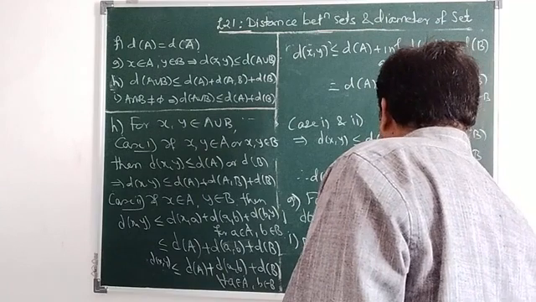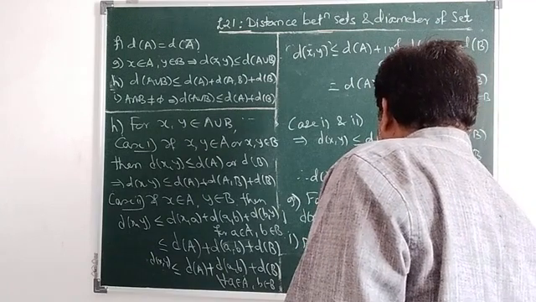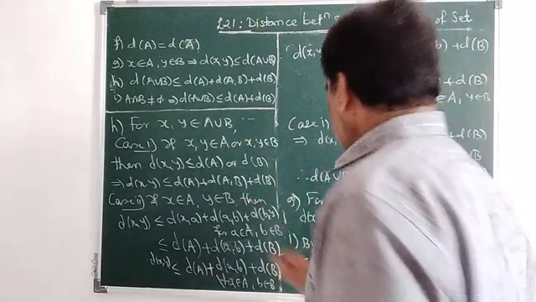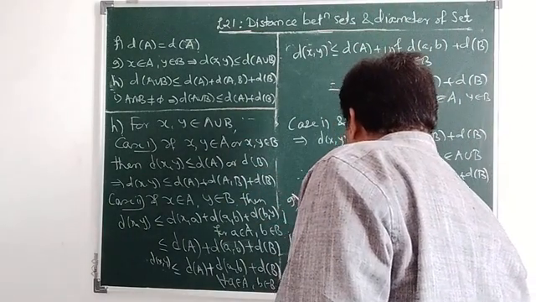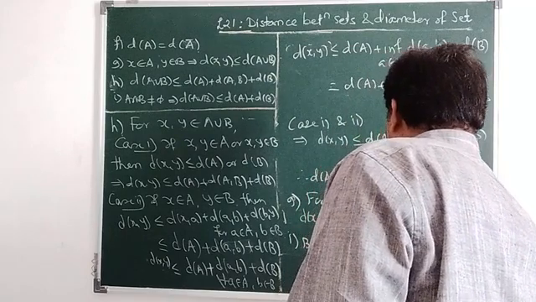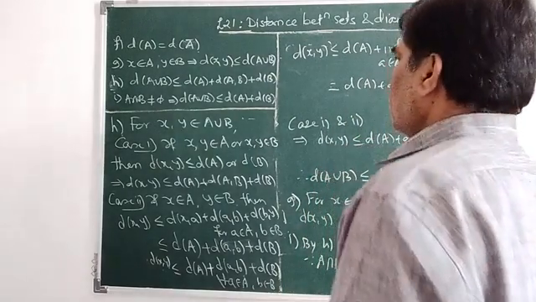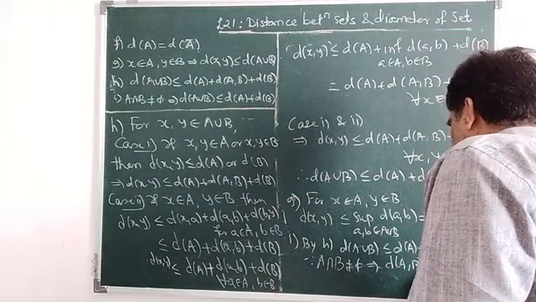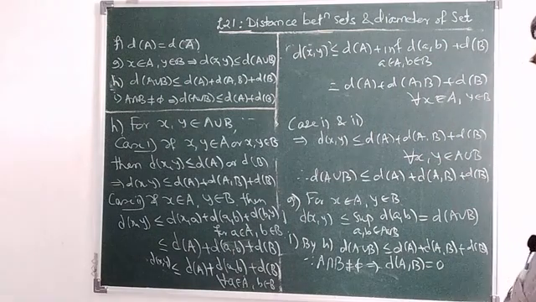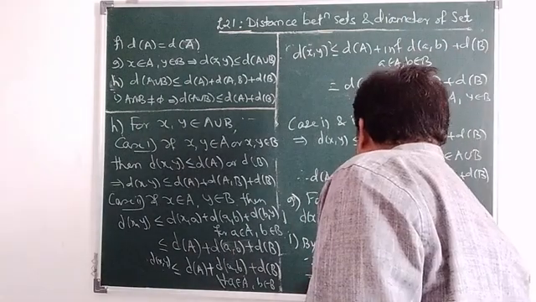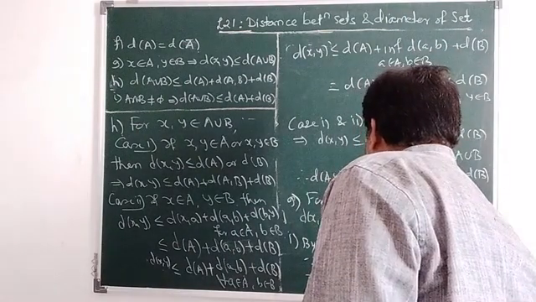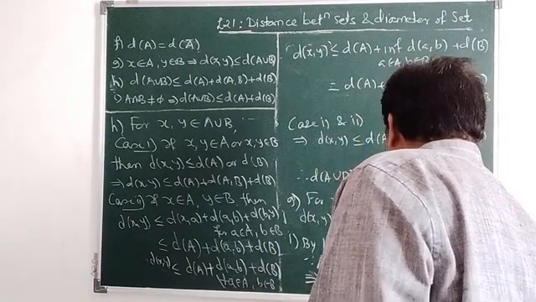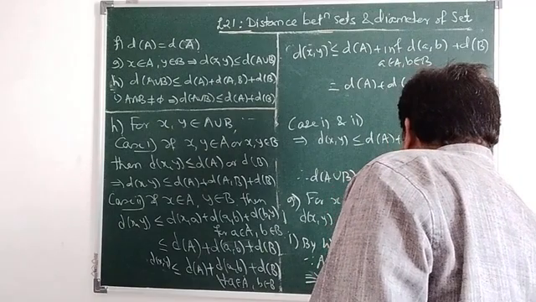This is less than or equal to d(A) plus, now since A intersection B is not equal to empty set, the distance between A and B must be 0. This implies d(A union B) is less than or equal to d(A) plus d(B).